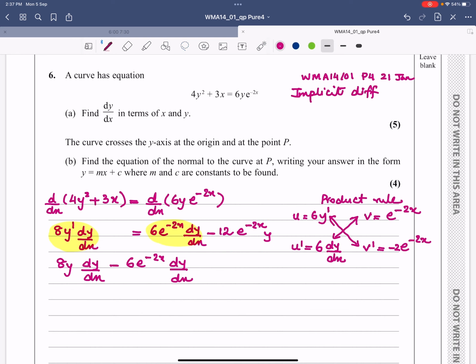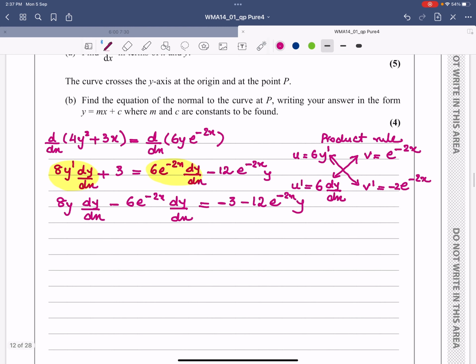So the differential of the 3x is the 3. Okay, so the terms which are not containing dy by dx, I'll put them onto one side. So I have this one term, it will stay on the right side, and the 3 will go on to the right side. So we have minus 3 minus 12 e to the power of minus 2x into y.